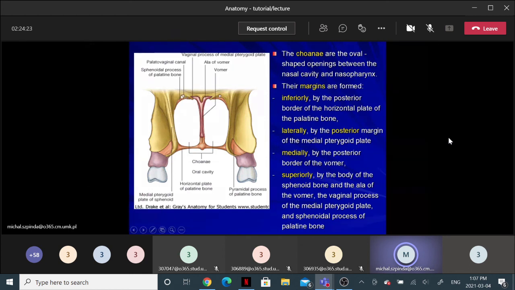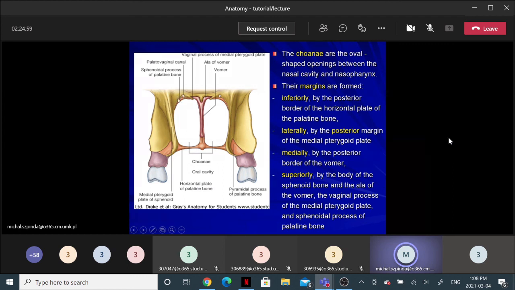because the inferior surface of the vaginal process, all of this is the vaginal process, is grooved, the palatovaginal sulcus, and such a palatovaginal sulcus is completed inferiorly by the sphenoidal process of palatine bone. As a result, here we have the palatovaginal canal.